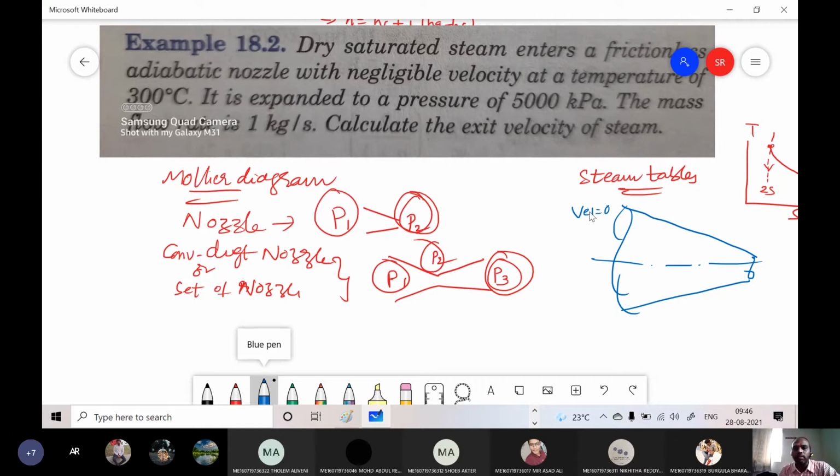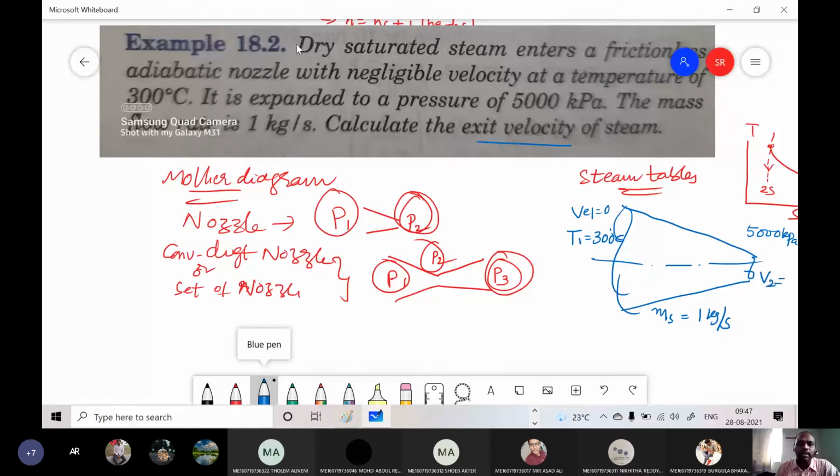T1 is equal to 300 degrees centigrade, and it is expanded to a pressure of 5000 kilopascal, and the mass flow rate of steam is 1 kg per second. Calculate the exit velocity of the steam. What is the V2 value he is asking?